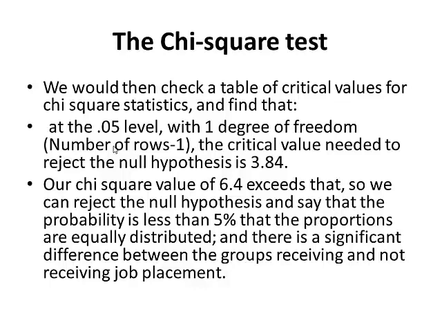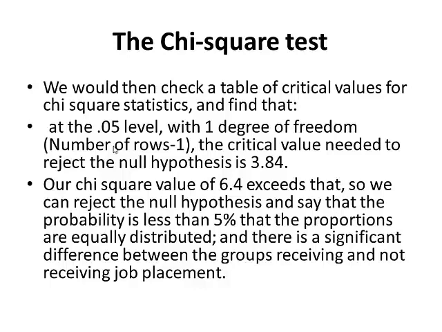Our chi-square value of 6.4 exceeds that, so we can reject the null hypothesis. Our chi-square is larger than the critical value, so we can say that the probability is less than 5%. Remember that means if we did this study 20 times, then 19 times out of 20 we would not find a difference this large.